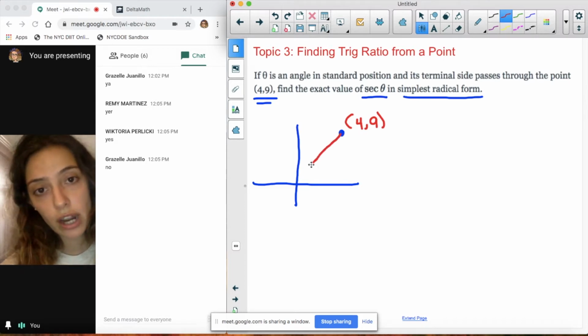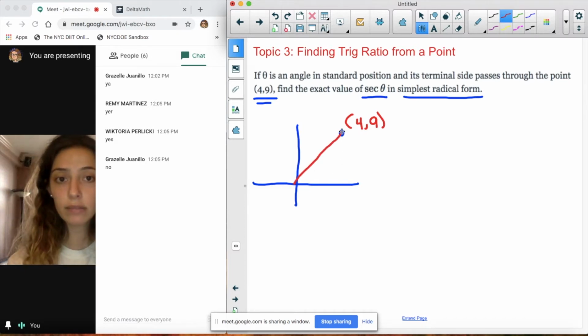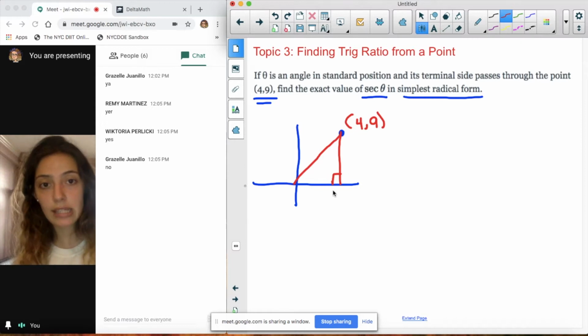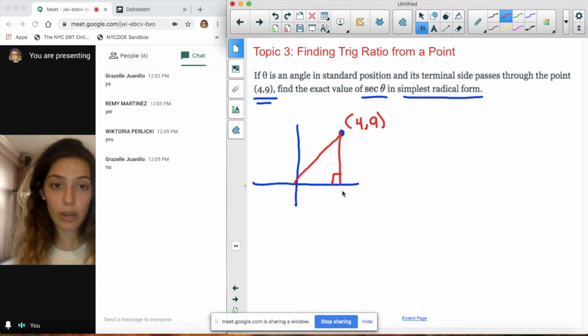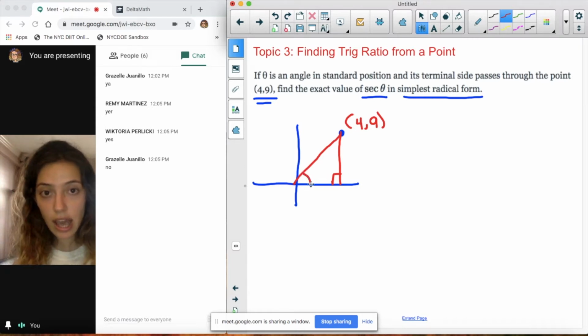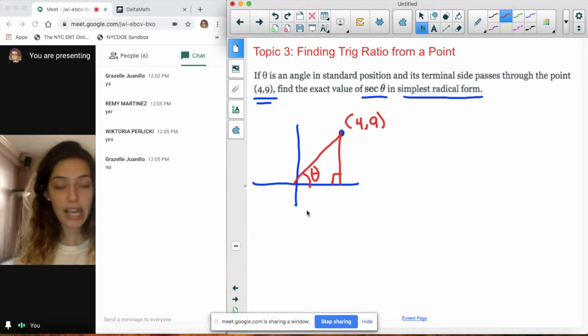So to make your triangle, connect your point to the origin, and then connect your point to the x-axis. The right angle is made from that point down to the x-axis, and your angle theta is made with the x-axis as well. Okay, so let's label our sides.